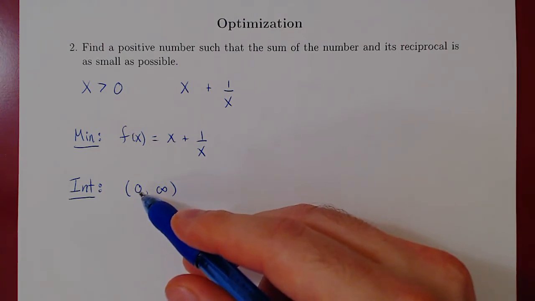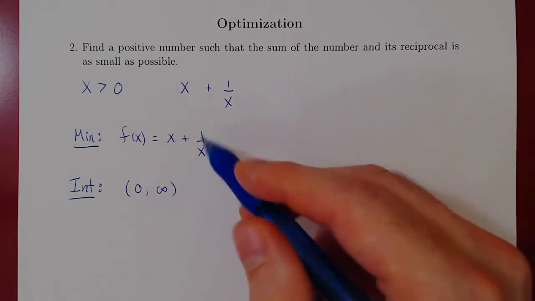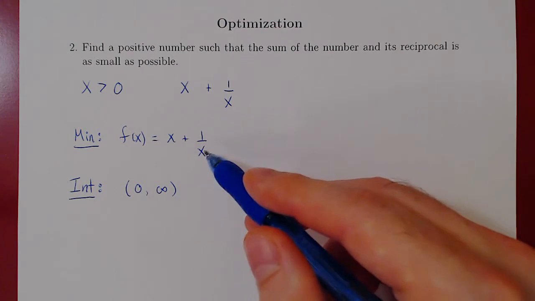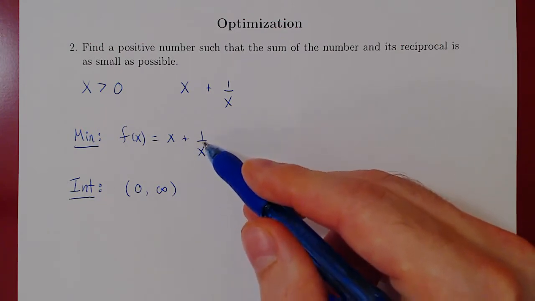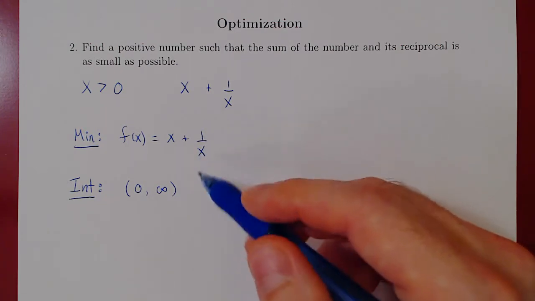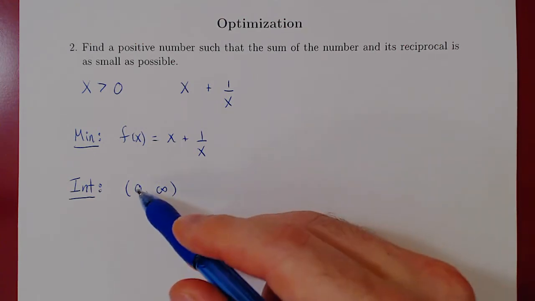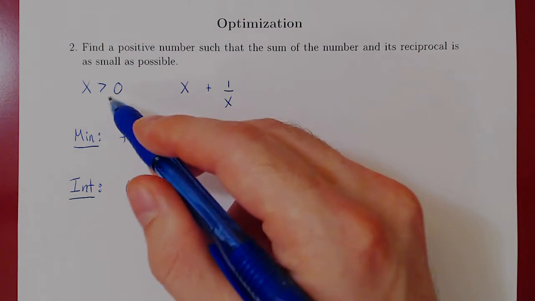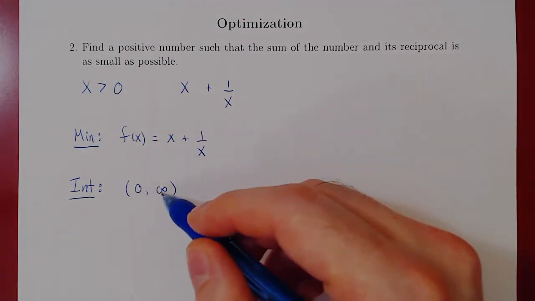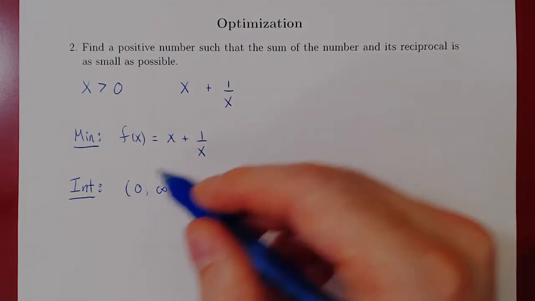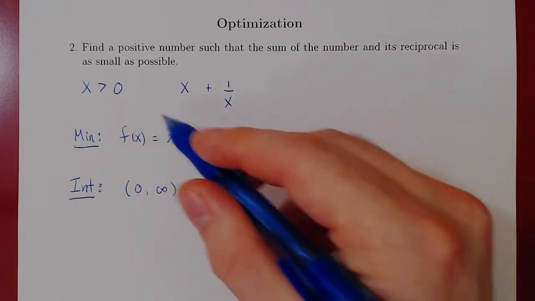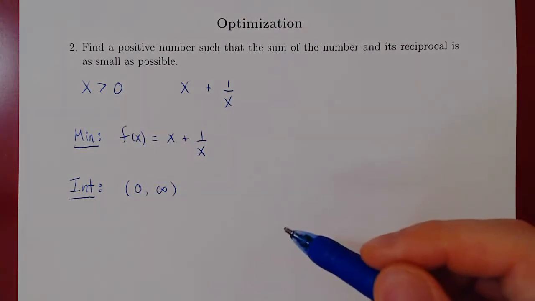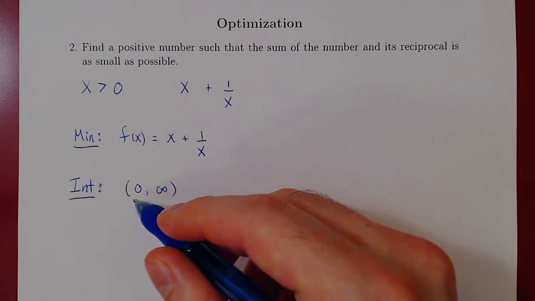Well, if you look at this function, the only problematic point would be when x is 0, because a 1 over 0 will give you a vertical asymptote. But as you can see, we are rejecting 0, right? We're starting with a strictly positive value of x, so we exclude 0. So on this interval, since we are staying away from 0, the function f of x is continuous. The problem is the interval is not bounded.